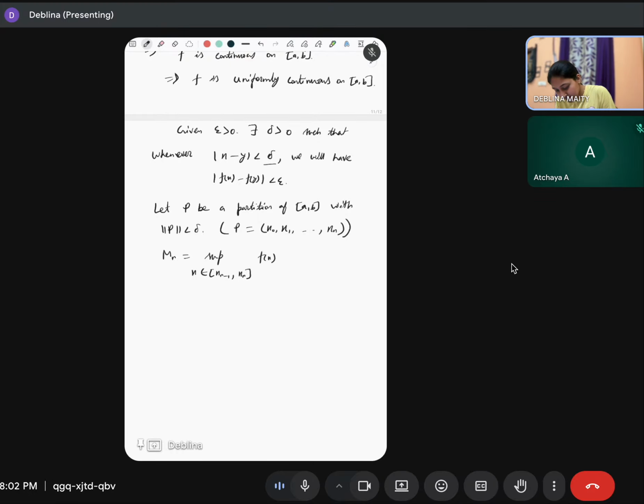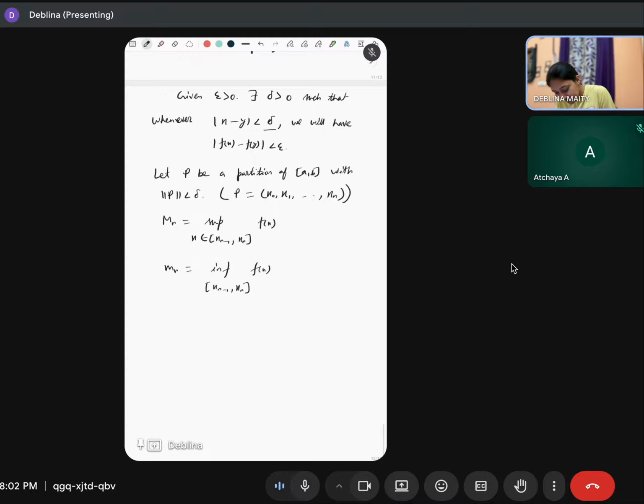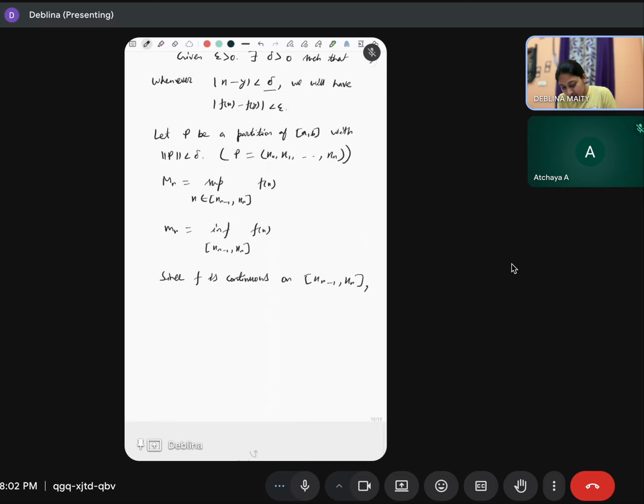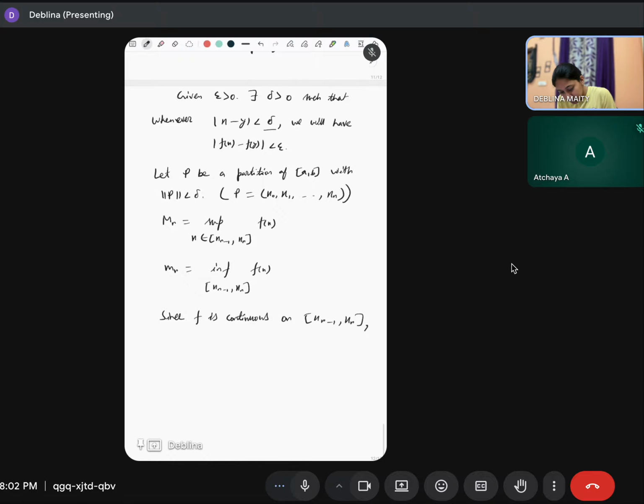And small m_r is the infimum. Now since f is continuous on this closed bounded interval, the extremal occurs, right?